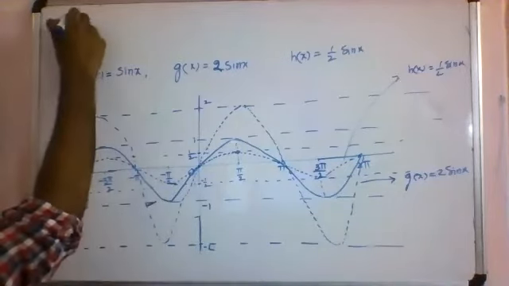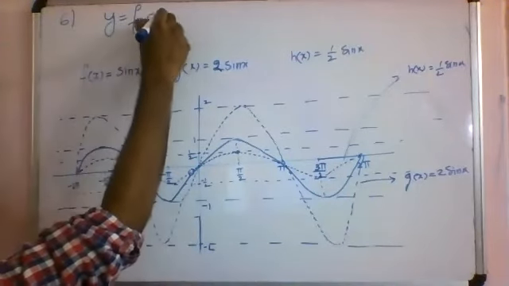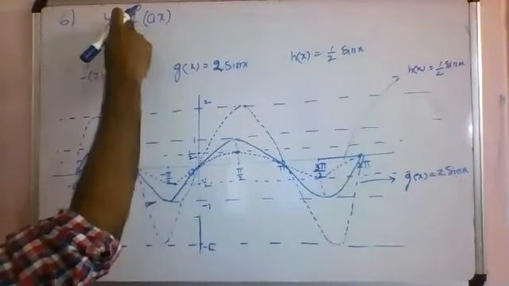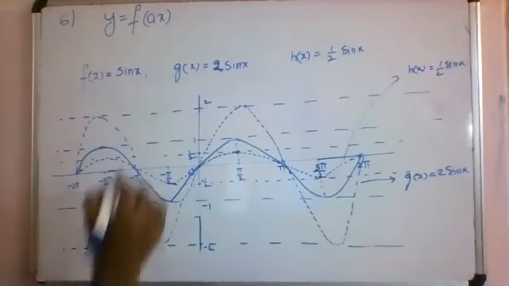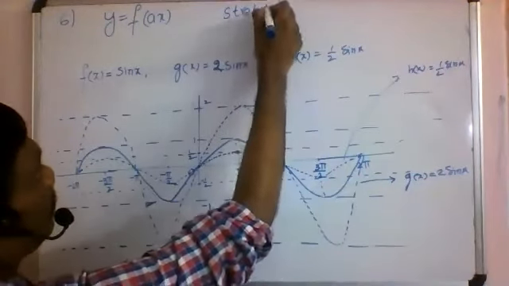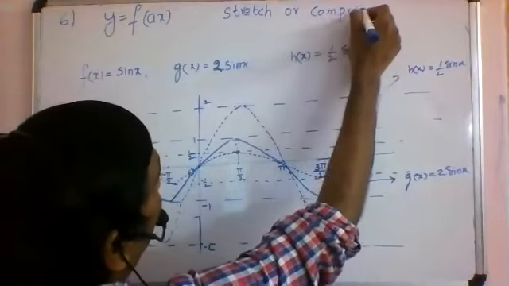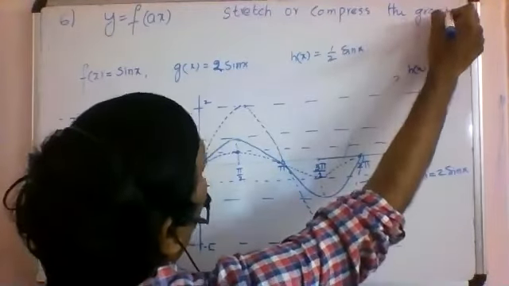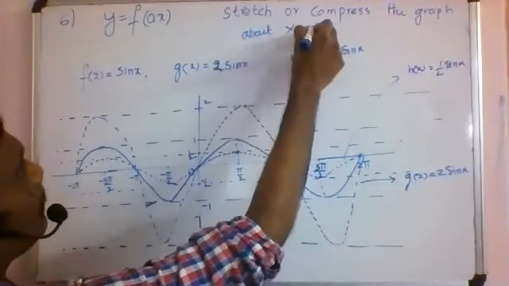And the sixth type: if y is equal to f of ax. In our previous case, a appeared outside, but now along with x, a is there. Then also stretch or compress the graph, about the x-axis now.